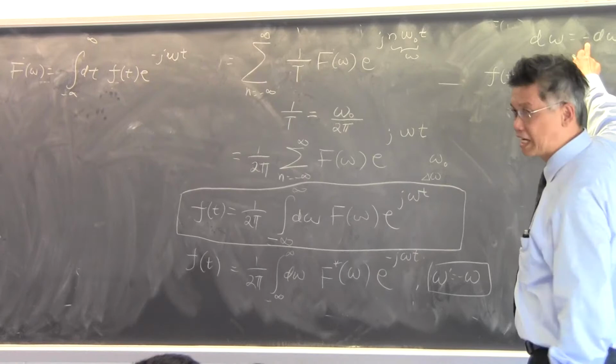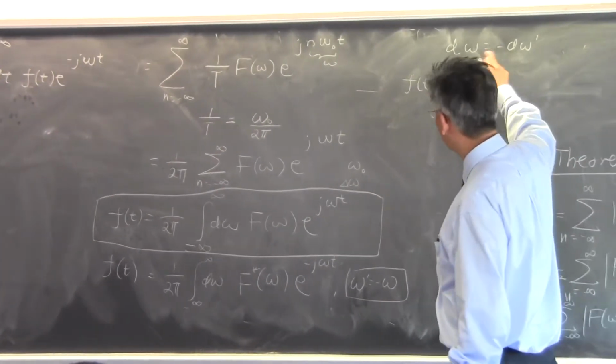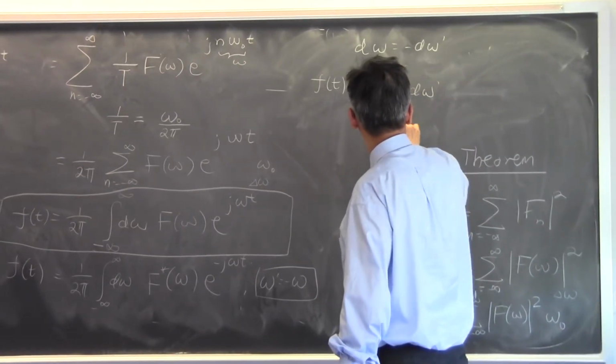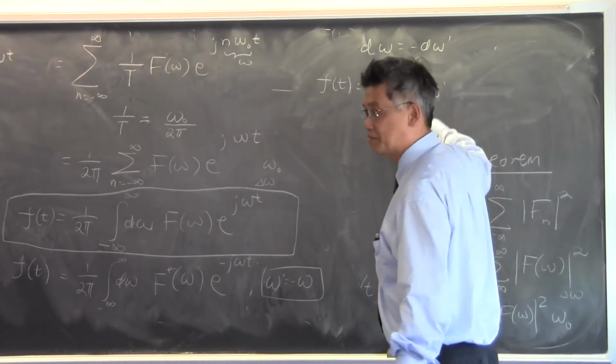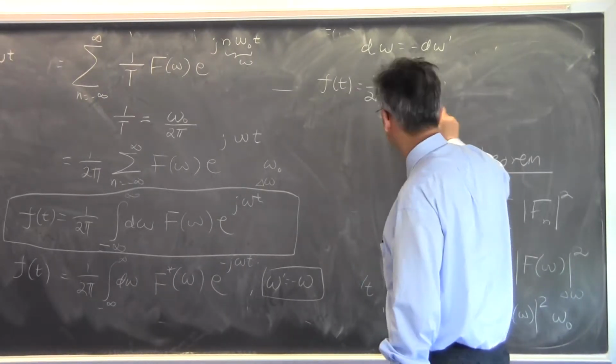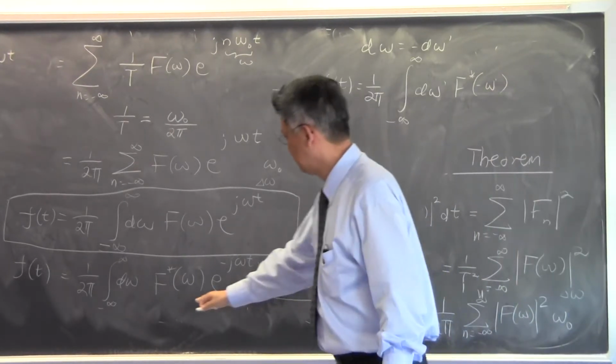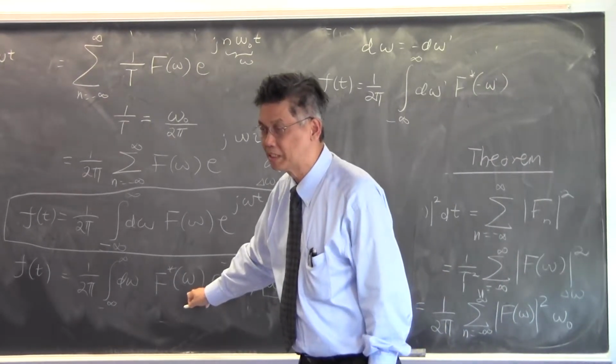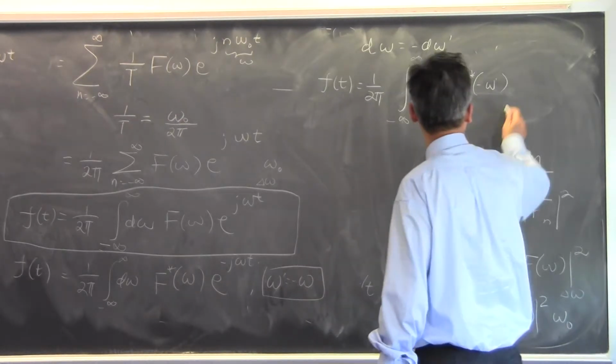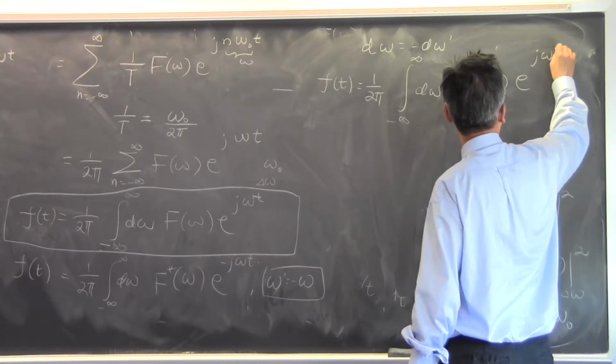But then I have a negative sign there, so I flip the limits back to get rid of that negative sign. Because I did a change of variable, f of omega becomes f of minus omega prime, and then e to the j omega prime t.